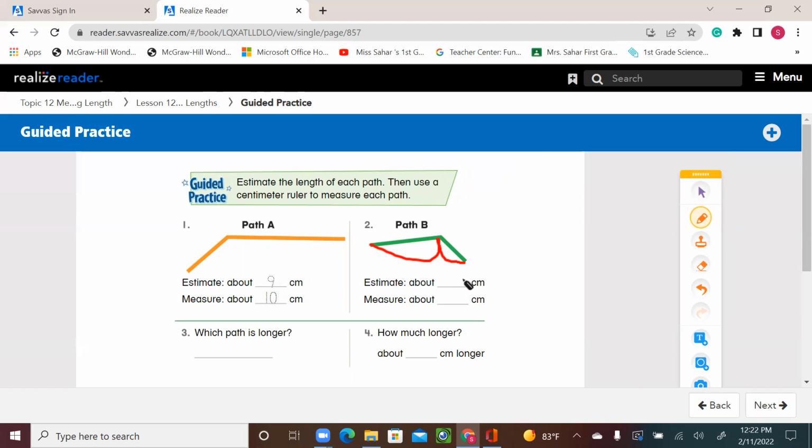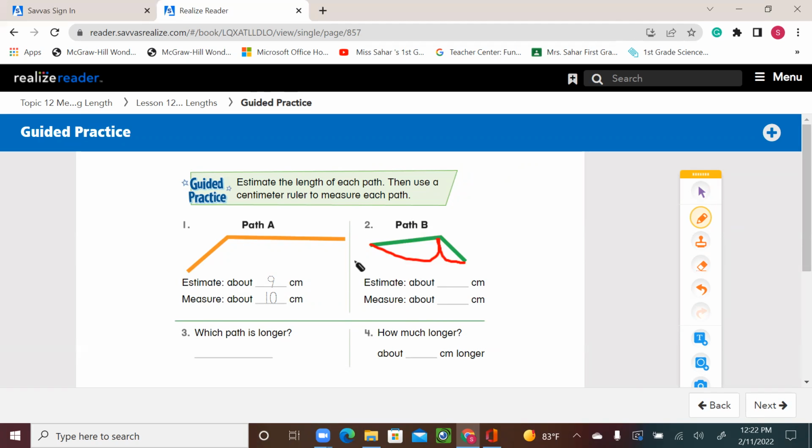First you put your estimation for the length of path B, the green one, and then after that measure each part and add the measurements together and see if you're closer or not. Then answer the question: which path is longer and how much longer?